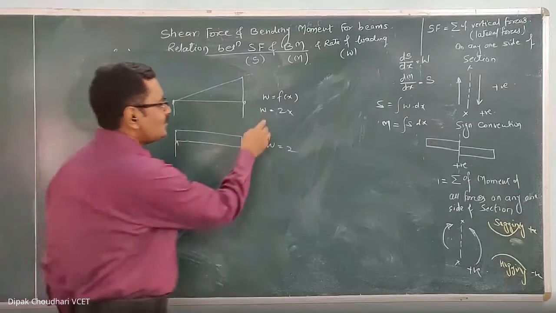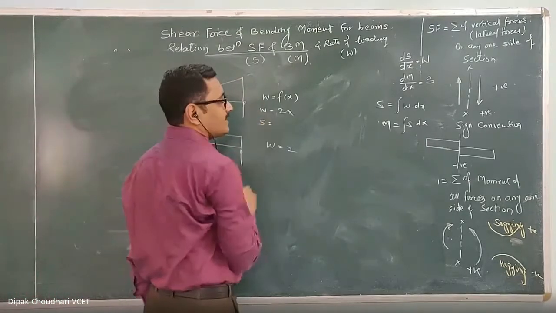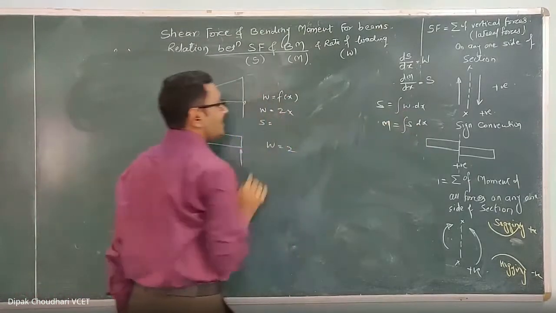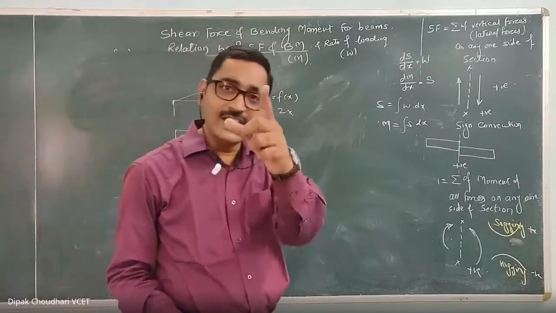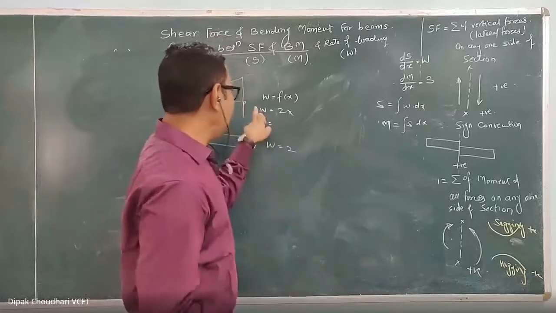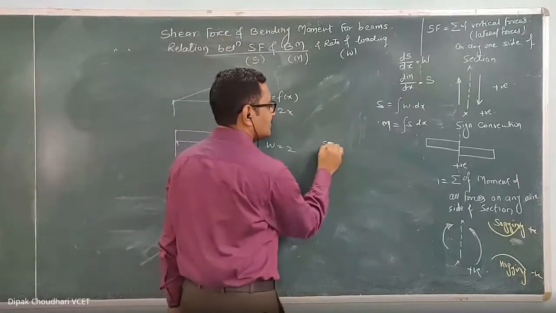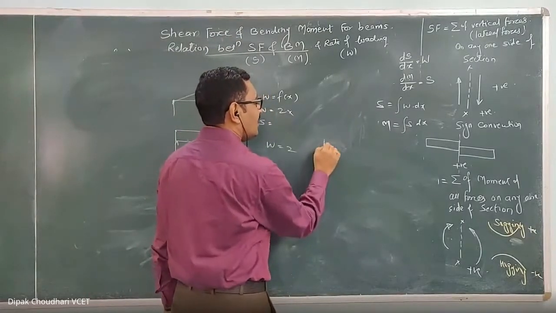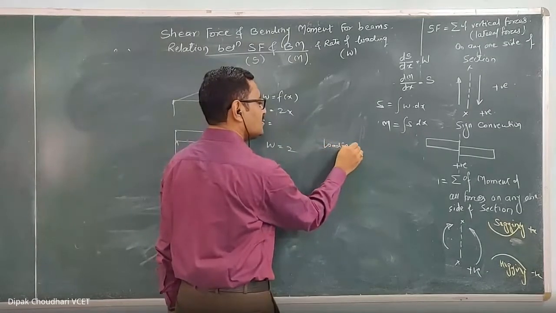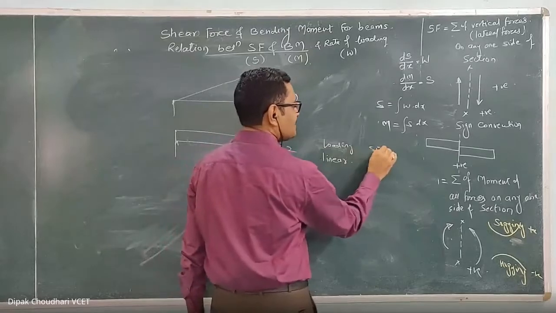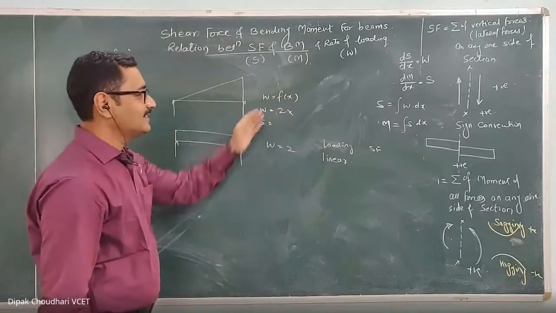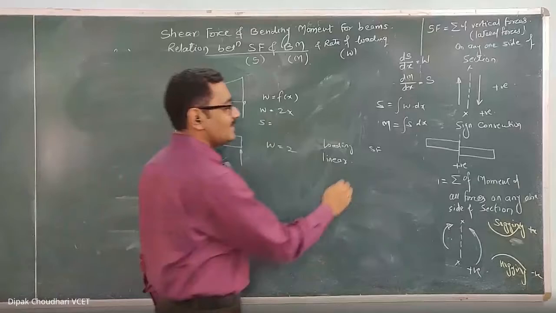Now to get the equation of shear force, we have to integrate this. And whenever we integrate any equation, the degree of the equation increases by 1. If the equation of loading is linear, then the shear force equation will be quadratic.